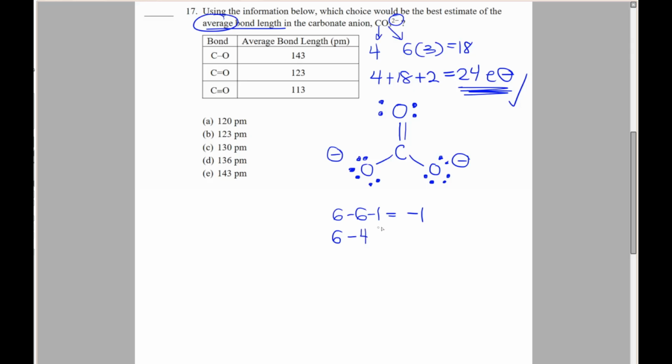It has 4 non-bonding electrons and then 2 bonds. So this is going to be 0. And this will be a neutrally charged oxygen atom. So the overall Lewis structure will have a total charge of 2-, and that does match up with what we're told in the problem. So now that we have a valid Lewis structure for this molecule, we can determine the average bond length.